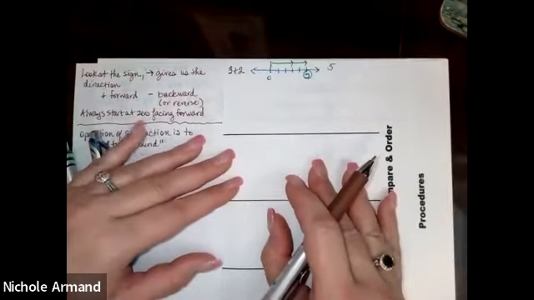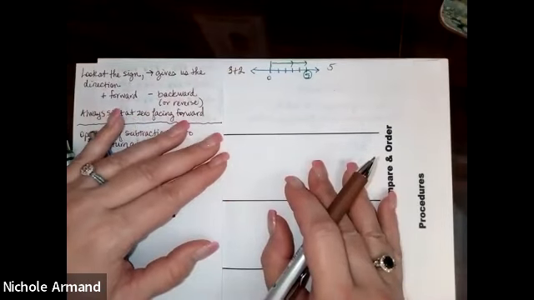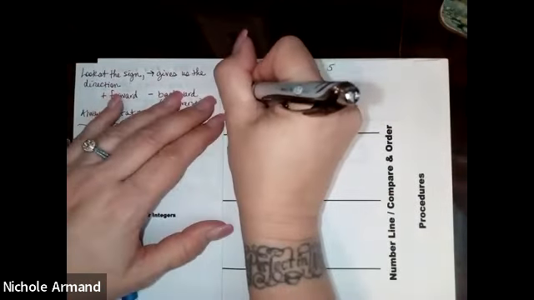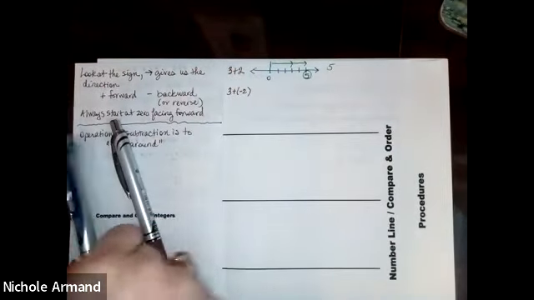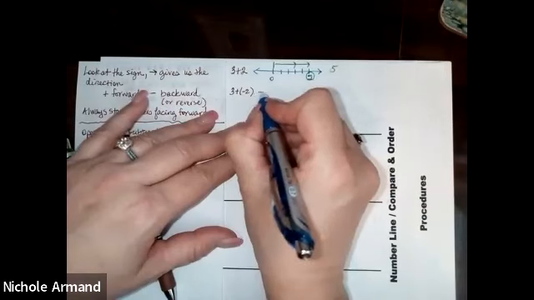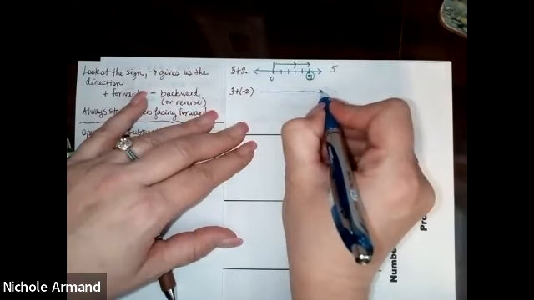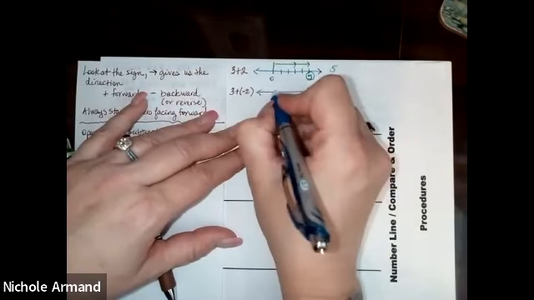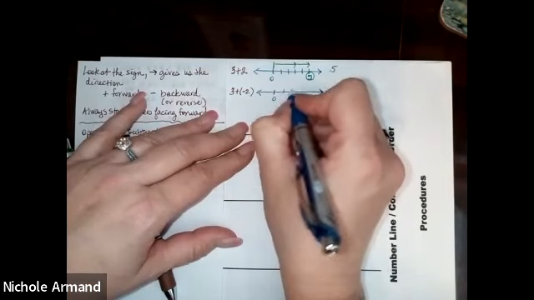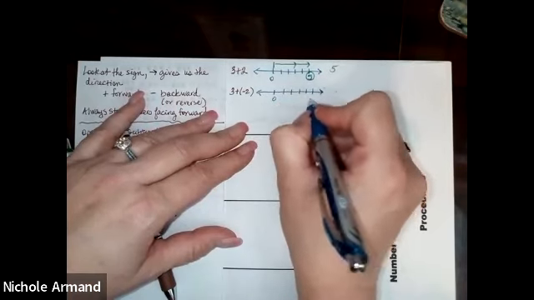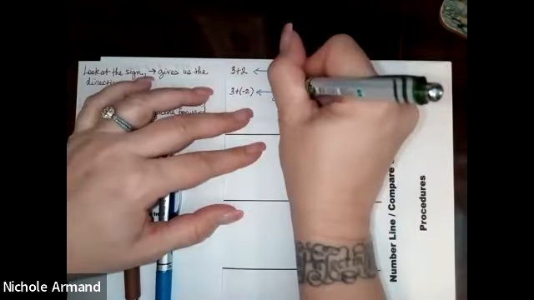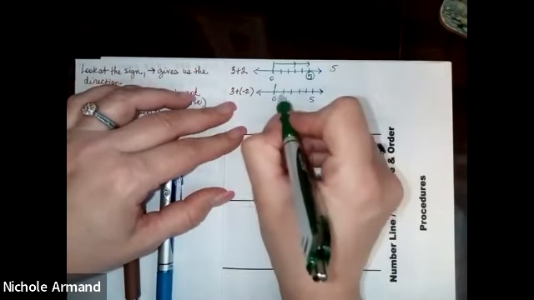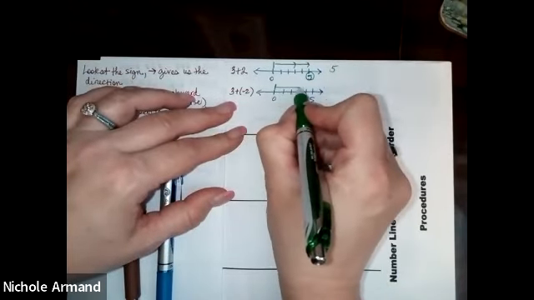To do the next problem, where we have 3 plus -2, we are still starting at 0 facing forward. So we go +3 forward, 1, 2, 3.